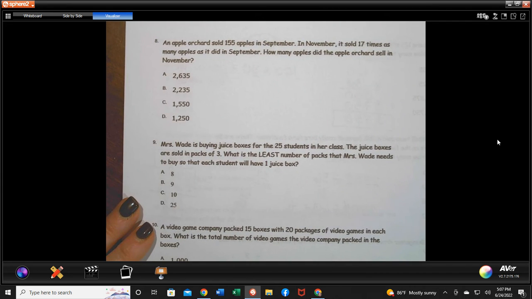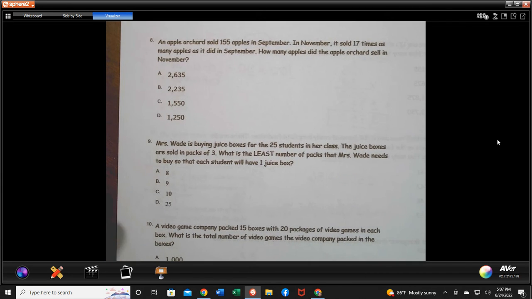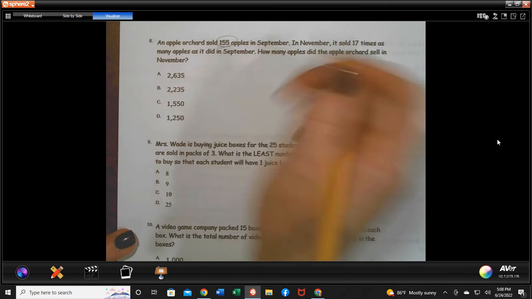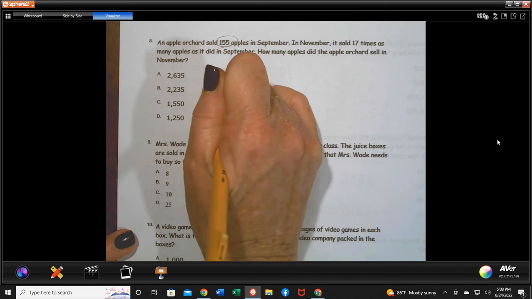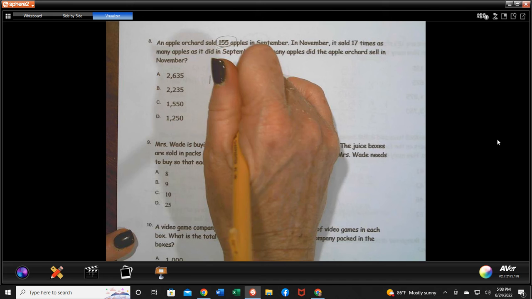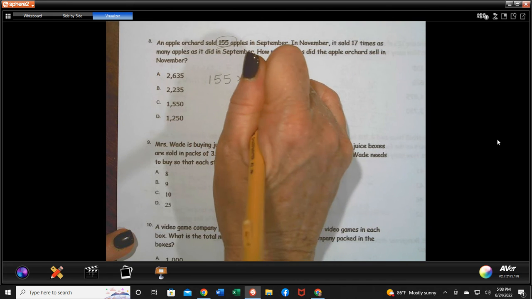We're to problem number 8. An apple orchard sold 155 apples in September. In November, it sold 17 times as many apples as it did in September. So how many apples did the apple orchard sell in November? So it sold 155 in September, and it says in November it sold 17 times that many.